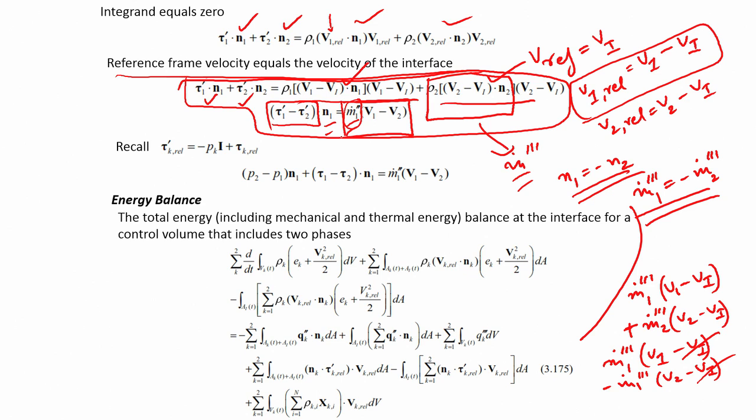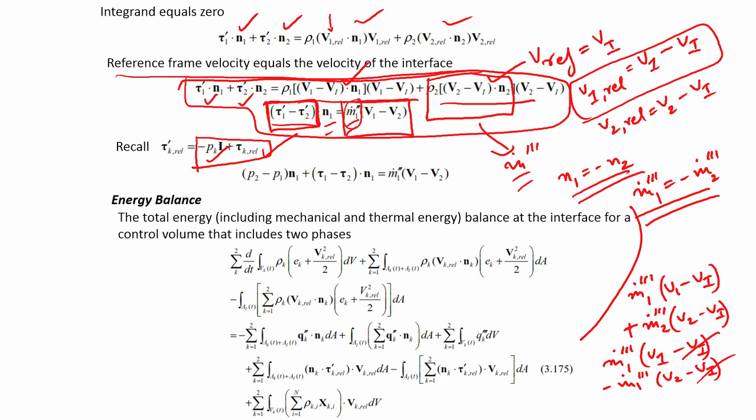And on the left hand side we have the difference in the shear stress. Now, as we know the total shear stress is given by P and the corresponding shear stress for each phase.